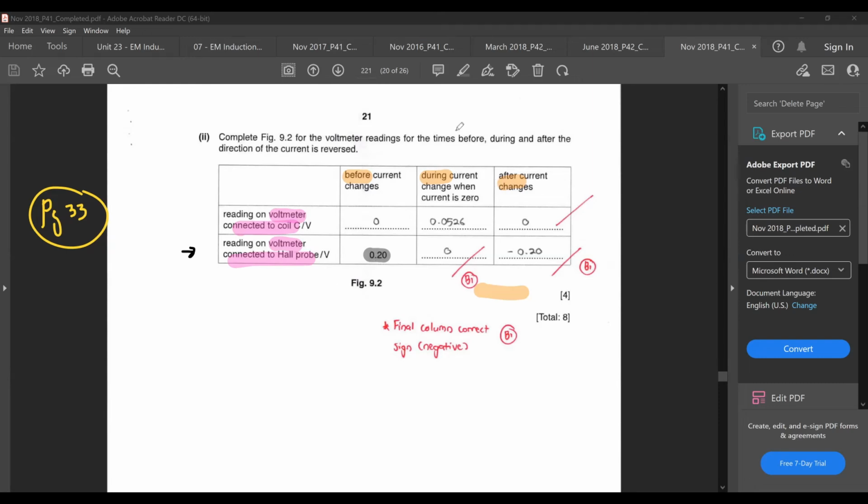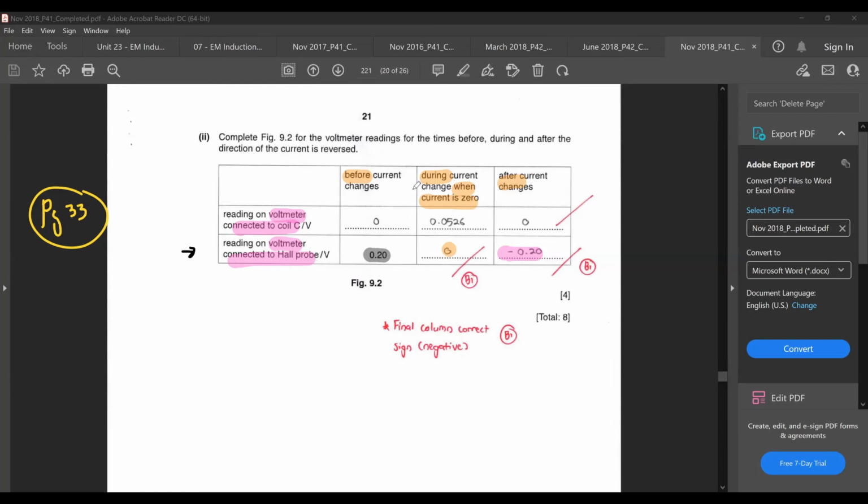Now, when you have current changing, that point where your current changes is where your current is 0. So you have no magnetic field. So when you have no magnetic field, if you put your Hall probe there, you're not going to be able to measure anything. It's just going to be 0. Then after current change, you still have the same current flowing through, but it's acting in the opposite direction.